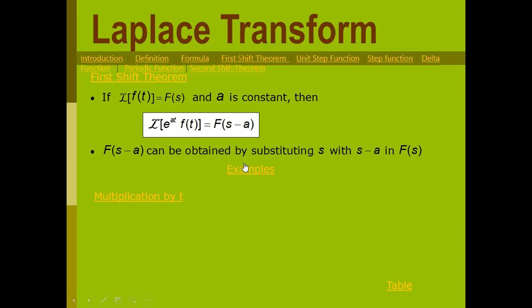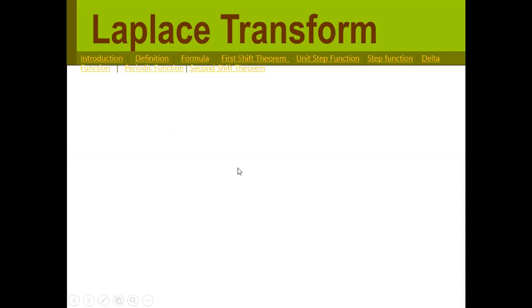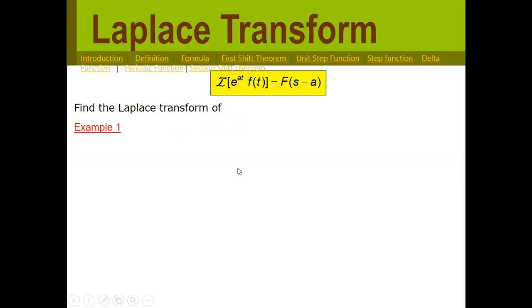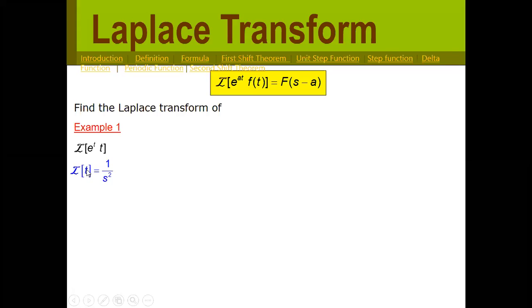Okay, so kita kenal pasti dahulu apa dia ft. Okay, contohnya macam ni, Laplace exponent t, t. So ft dia apa? Ft dia t lah. Ft dia adalah t. So kita tahu by table, transform t, we can get 1 over s square. Kenapa? Sebab n dia berapa?